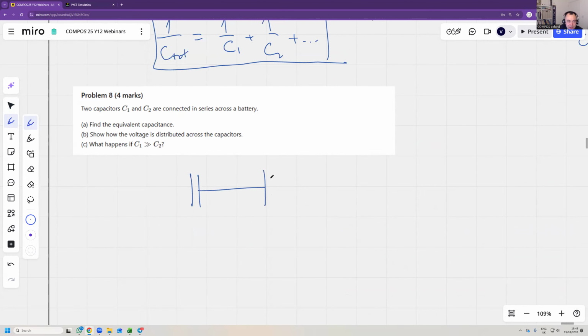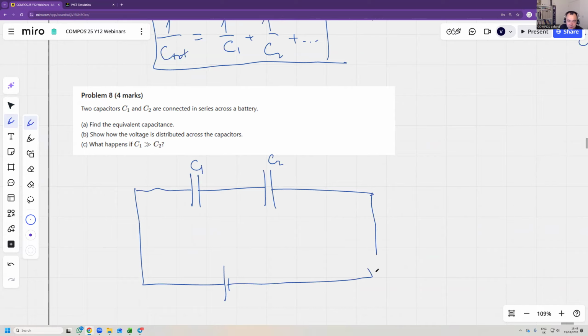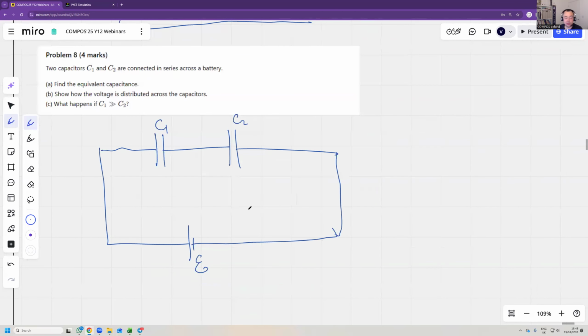So C1 and C2, and this is a battery of EMF epsilon. Find the equivalent capacitance. Okay, I will attempt to do this in a slightly different way.